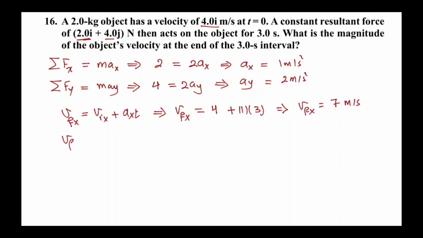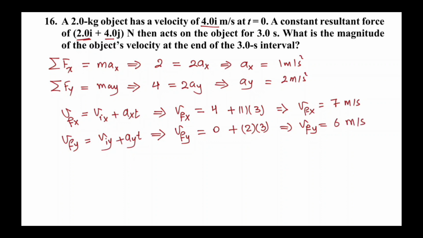Now the final y, same rule, the initial y plus ayt, and the final y equals the initial velocity on the y component, which is 0, plus the acceleration on y, it's 2 times 3, so the final y equals 6 meters per second.